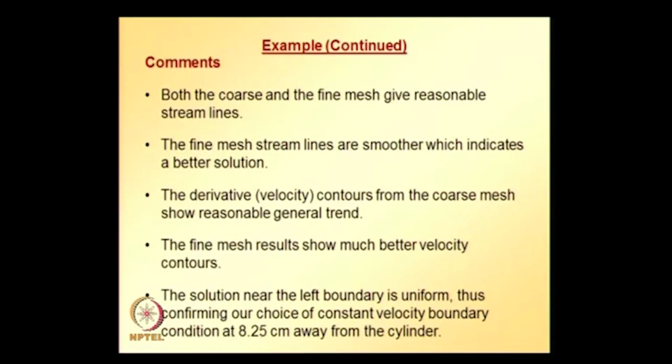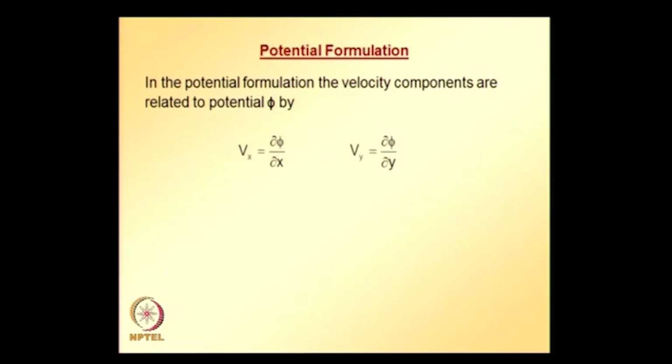So, now let us look at solving this ideal fluid flow around an irregular object through a different formulation, that is the potential formulation. In the potential formulation, the fluid velocity components along the x direction and y direction are related to a potential phi by these relations.